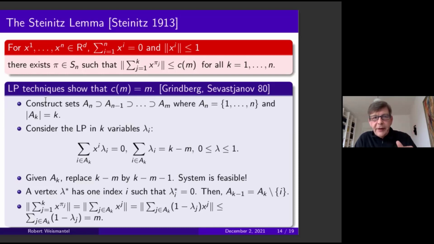So now we write down an LP in k variables. The variables we now call lambda 1 to lambda k. And in fact, the conditions are, if I take my vectors xi, which live in R^d, the sum of lambda i xi should be equal to 0 over the set Ak.